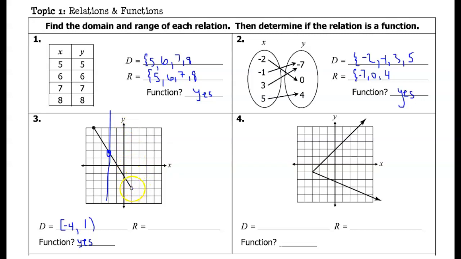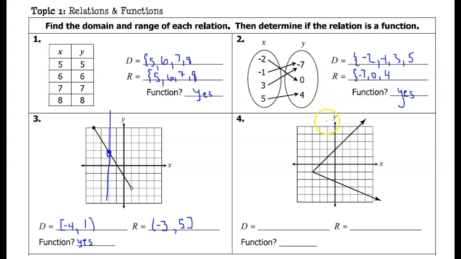Now, if we're writing this in interval notation, we're going to put a parenthesis first at -3 because -3 is not included in the range since it's an open circle. And then we go all the way up to 5. We're going to put a bracket because 5 is included in our range. All right, let's move over to the next one.